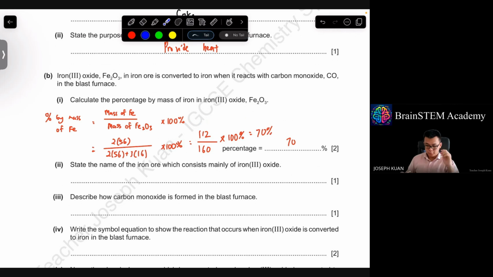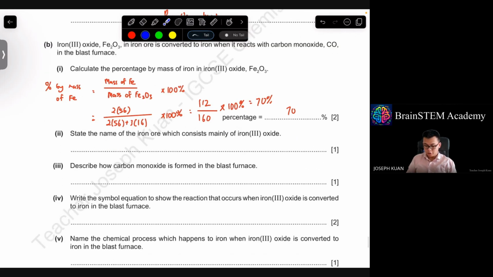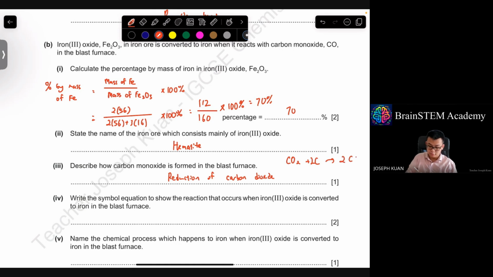Okay, let's move on. State the name of the iron ore which contains mainly iron trioxide, which is hematite, and describe how carbon monoxide is formed in the blast furnace. It is by reduction of carbon dioxide. Because it's carbon dioxide that reacts with more coke that leads to the formation of carbon monoxide.